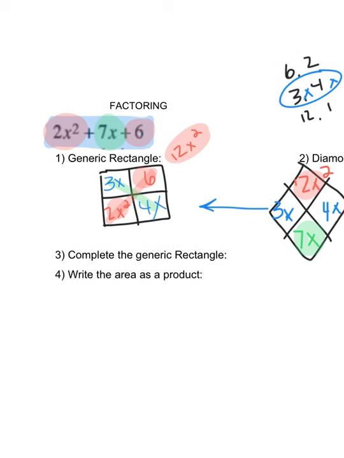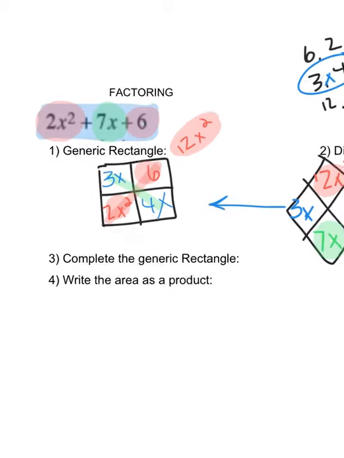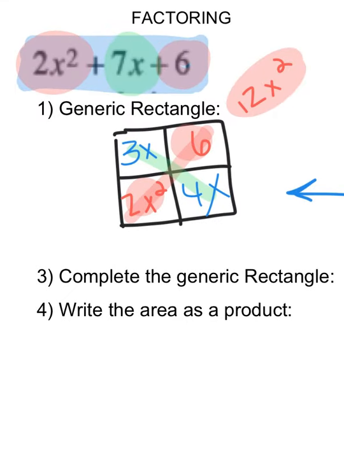Our last 2 steps are to find what those outside dimensions would be so that this rectangle can multiply together. So what needs to go on the outside of this multiplication chart? To get a 2x squared, I'd have to have a 2x times an x. And I see that common factor going across here. Both of these can be divided by 2.